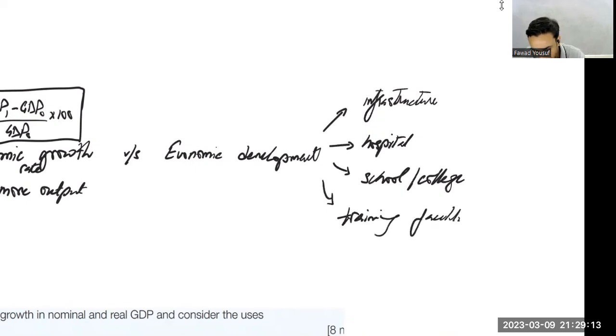They might help you with increasing the outputs and achieve economic growth, but economic development is more about improving people's well-being and quality of life. It might come at an expense of economic growth. You might want to give up current economic growth in order to build all these capital goods, which may help us in the long run.